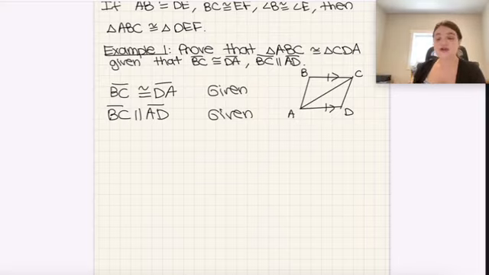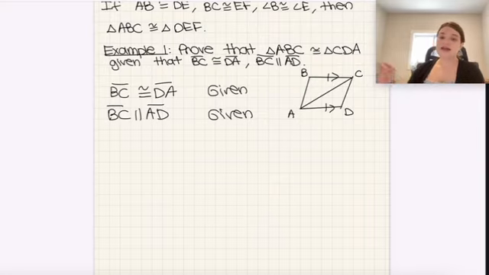So now we need to figure out how we can prove that another set of sides is congruent, and also that the angles between them are congruent too. The reality is there's not really a way at this point to prove that AB and CD are congruent. We don't know if that's true or not, presumably, yet.